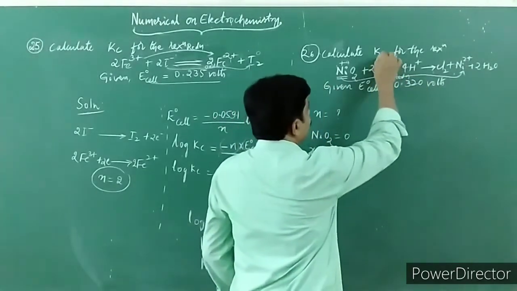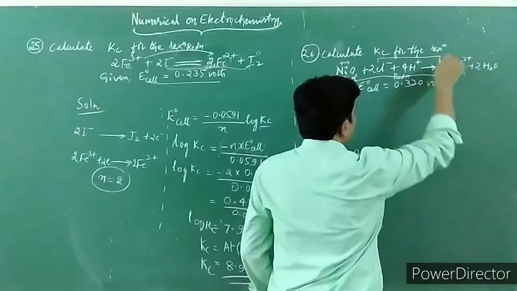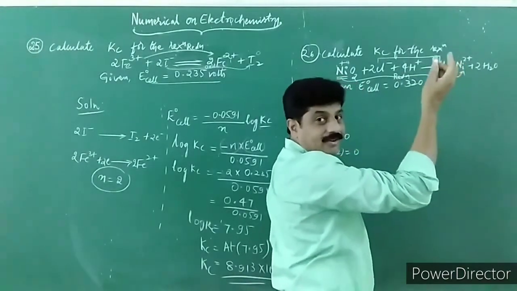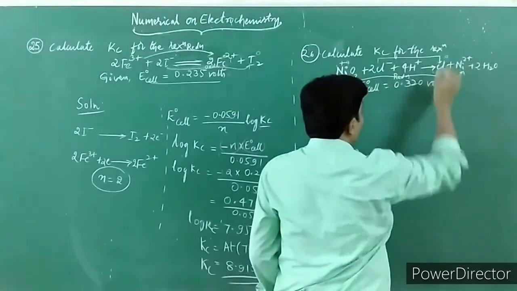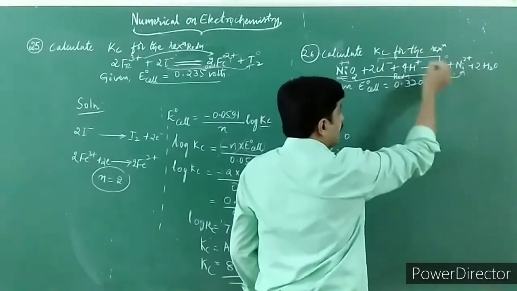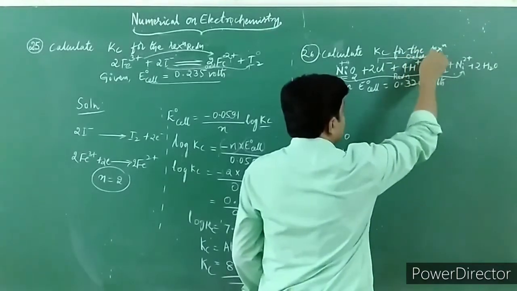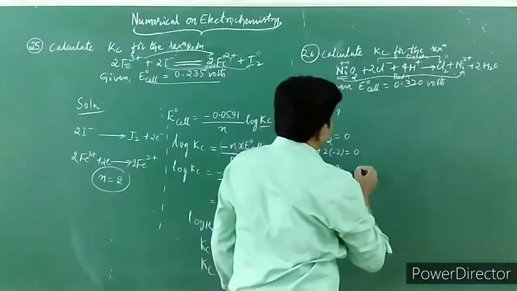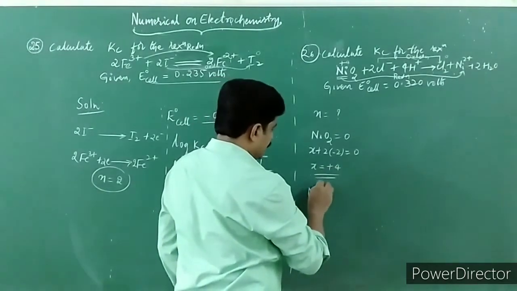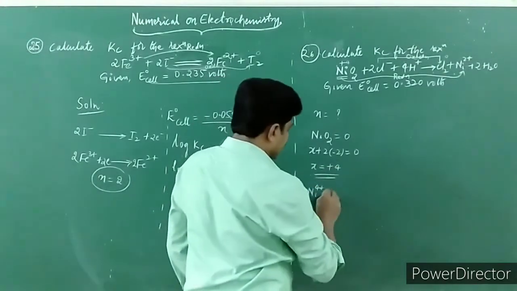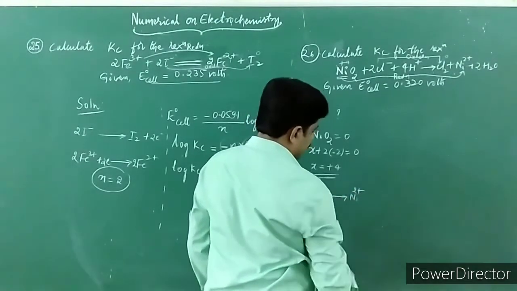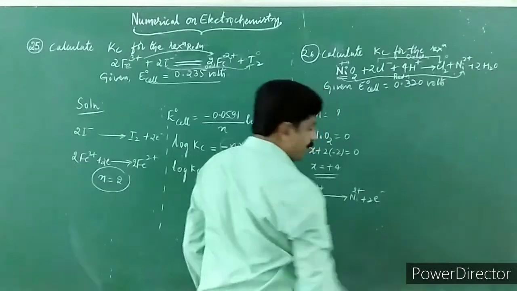Look at here. From this, 2Cl minus is getting converted into Cl2. Elemental form is nothing but having oxidation state equal to 0. That means minus 1 to 0. Increase in oxidation state. What do you call this? Oxidation. Is it not? Look at here. In this case, Ni plus 4 is getting converted into Ni plus 2 by gaining 2 electrons.